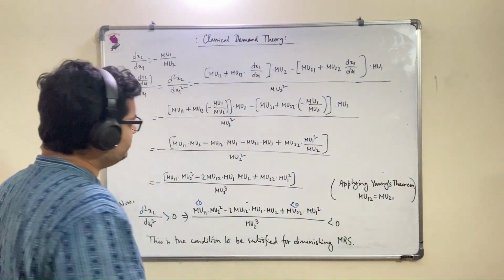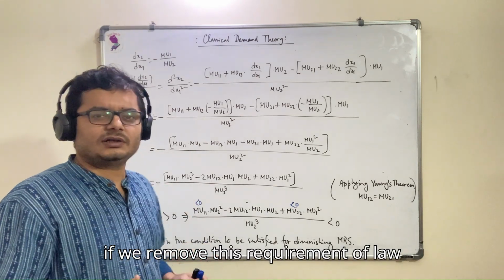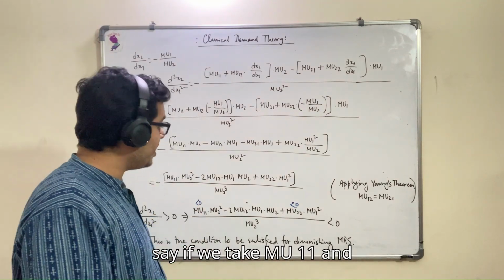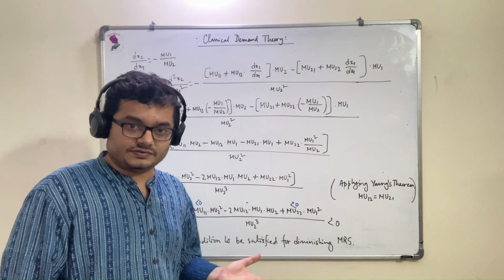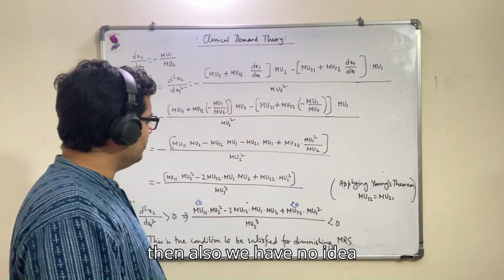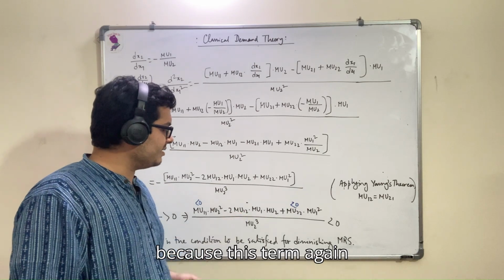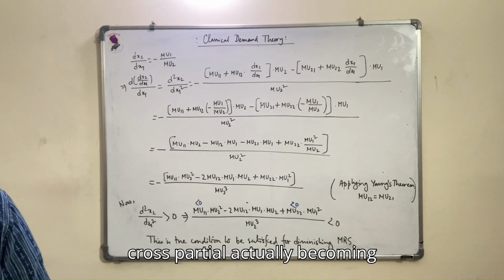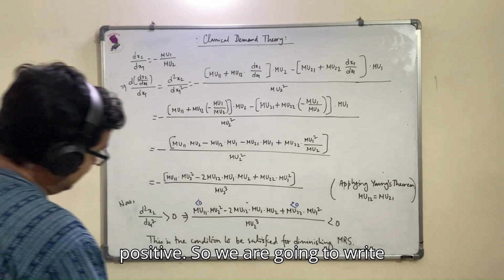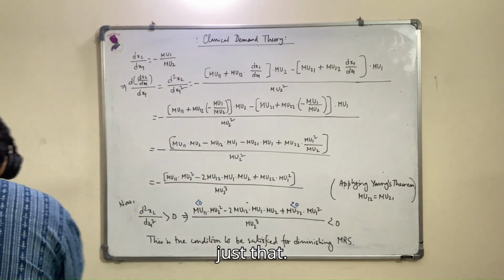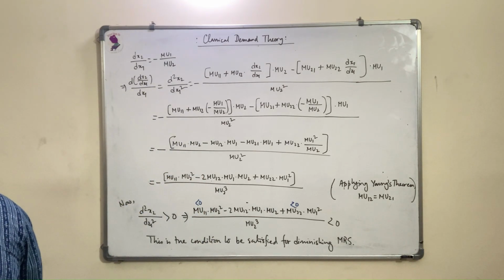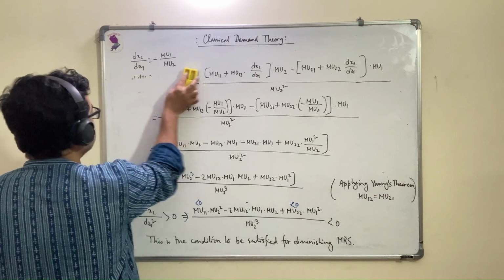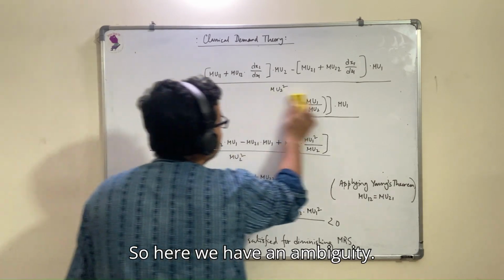Then again, if we remove this requirement of law of diminishing MU altogether, that is to say, if we take mu11 and mu22 to be positive, then also we have no idea, because this term again becomes quite negative with the cross partial actually becoming positive. So here we have an ambiguity.